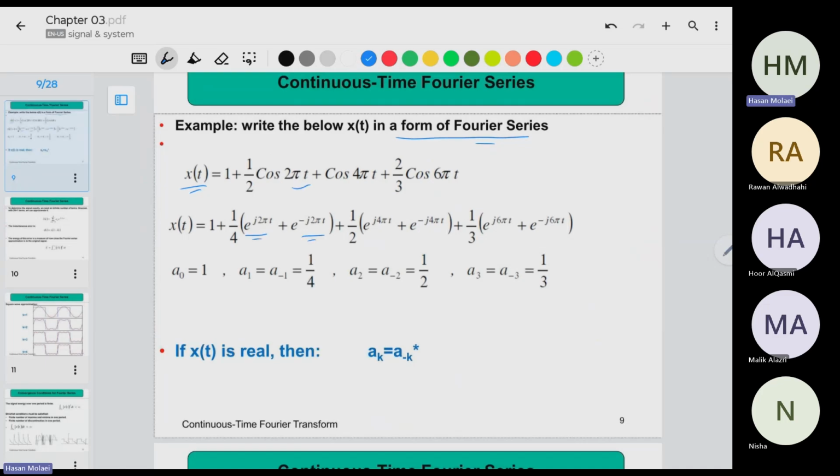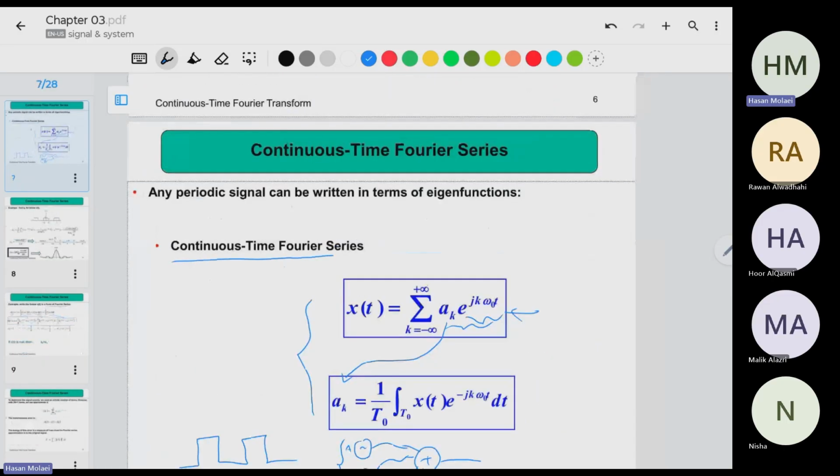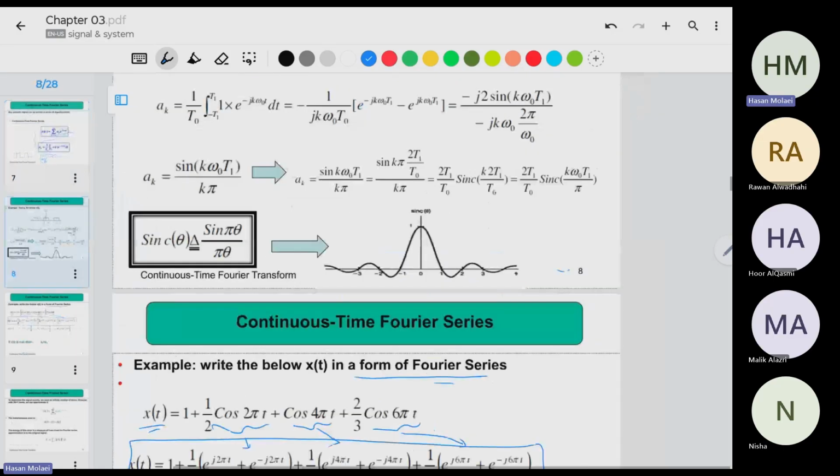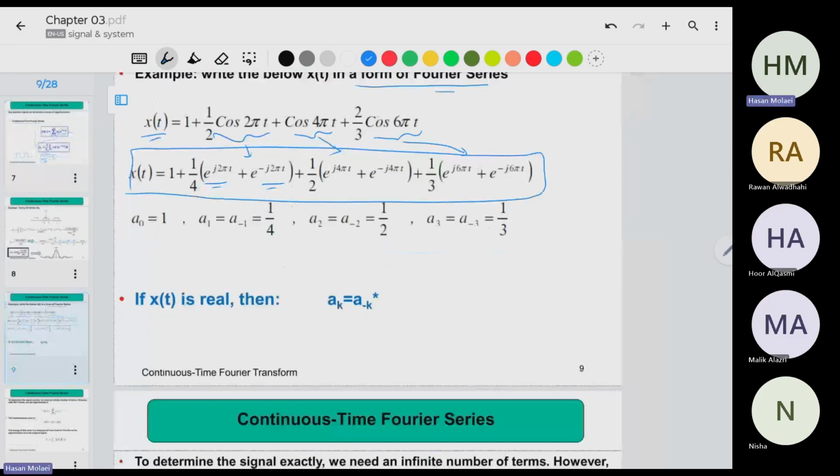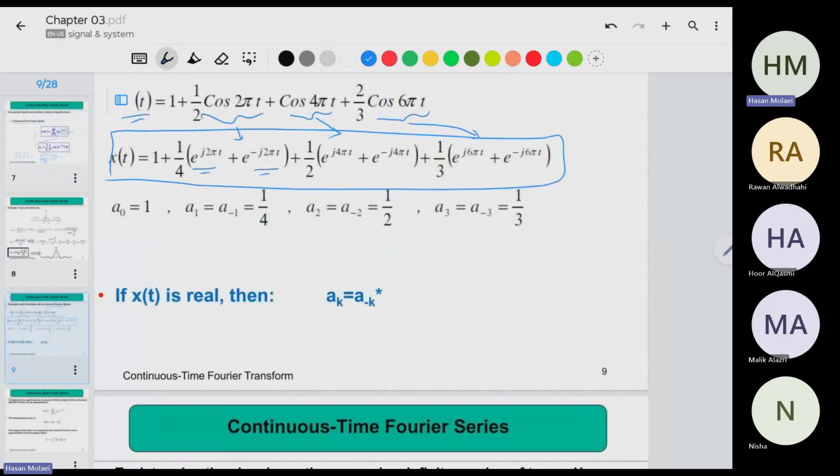I just need to change these values to exponential form of themselves. Now this is the form of Fourier series, yeah? x(t) is sigma of some exponential signals, whose frequencies are a multiple of the fundamental frequency.